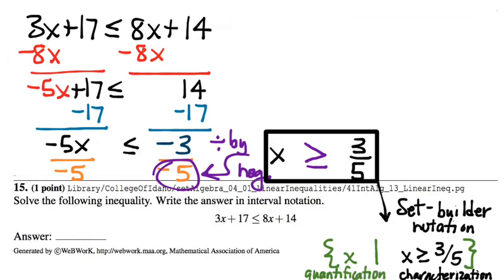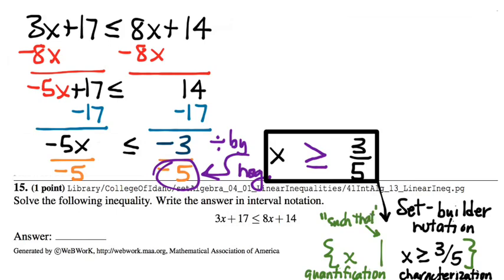Quantification, where are these numbers coming from? These are just x's. We could also decorate this more. I don't think that our textbook does this. We could also decorate this by saying something like x is a real number. And then there's a vertical bar. But I think that the way our text does it, it just does it this way. And then the vertical bar is read in English as such that.